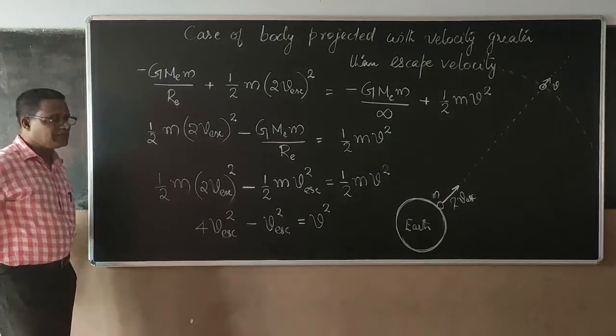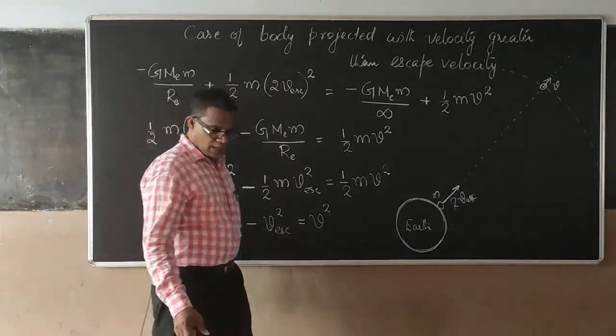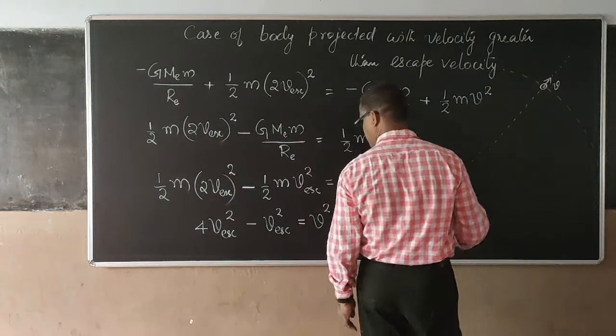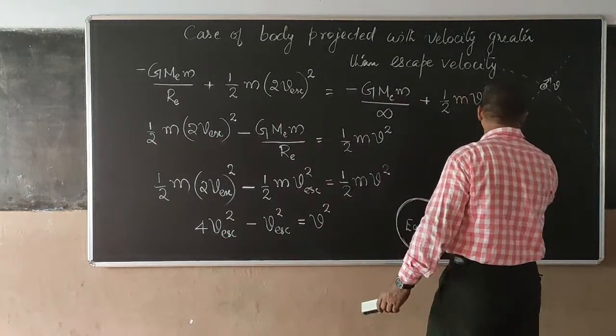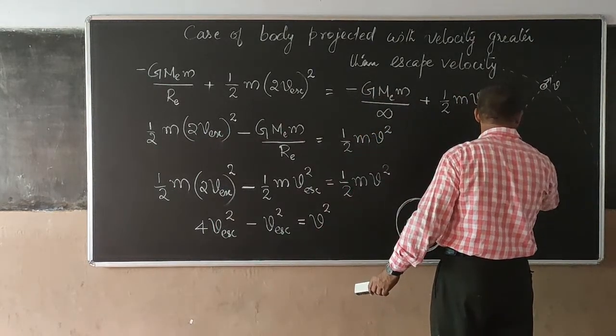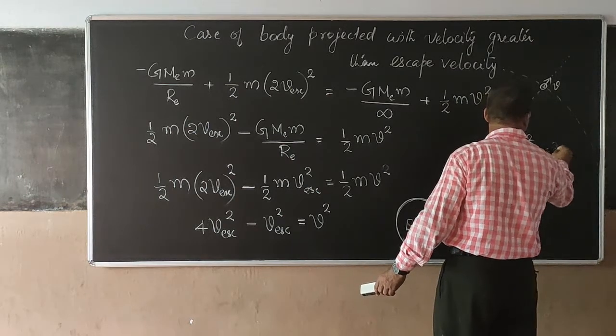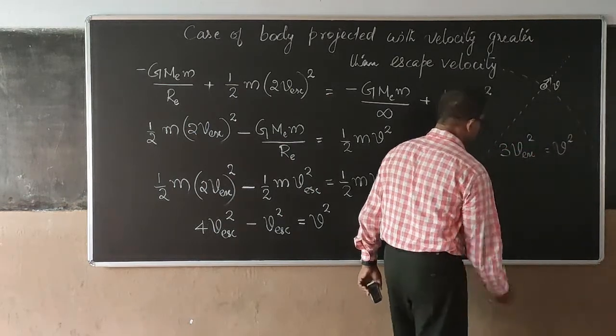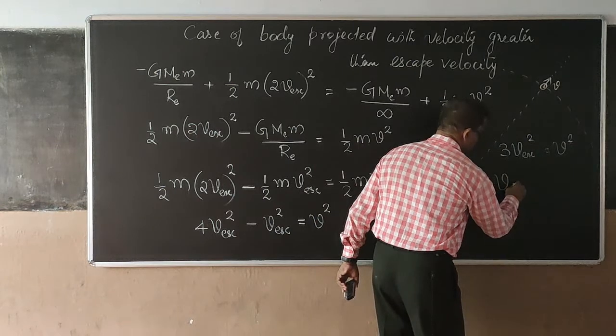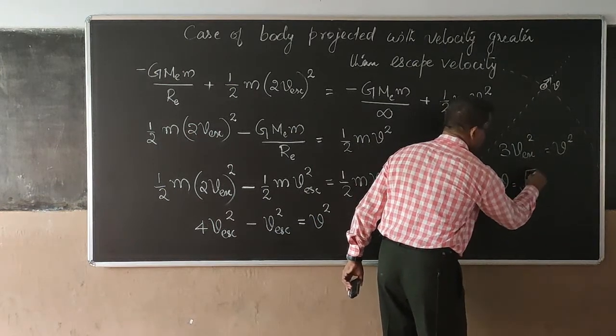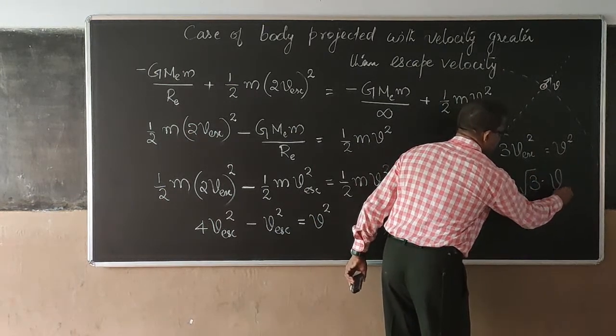Half m is a common factor that cancels out. Therefore, you can find that 3 v escape squared equals v squared. Therefore, v will be equal to root 3 times v escape.